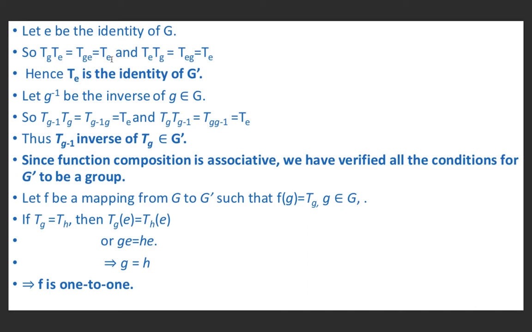So this is equal to T_g. Similarly, T_e into T_g is T_eg, and this is equal to T_g. It means T_e is the identity of the group, identity of G'.